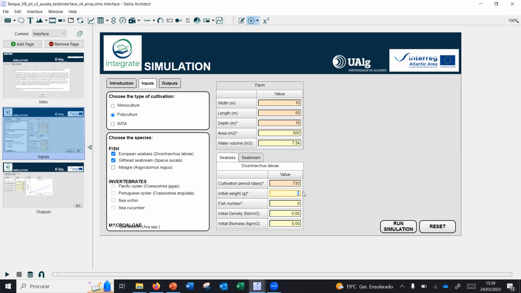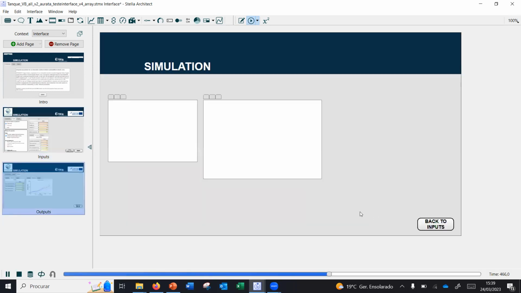The initial weight of the fish, 50 grams. The number of fish, 2,000, for example. And here we have the calculation of the initial density and biomass. And so run the simulation.